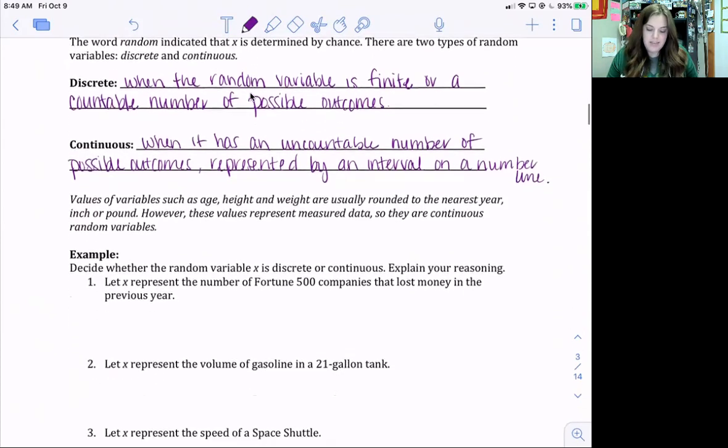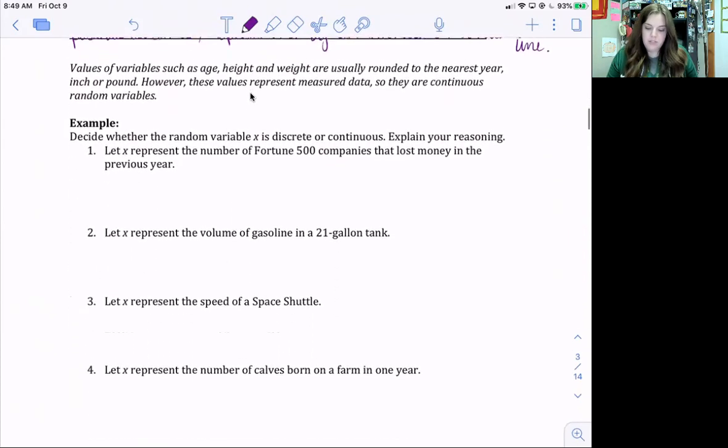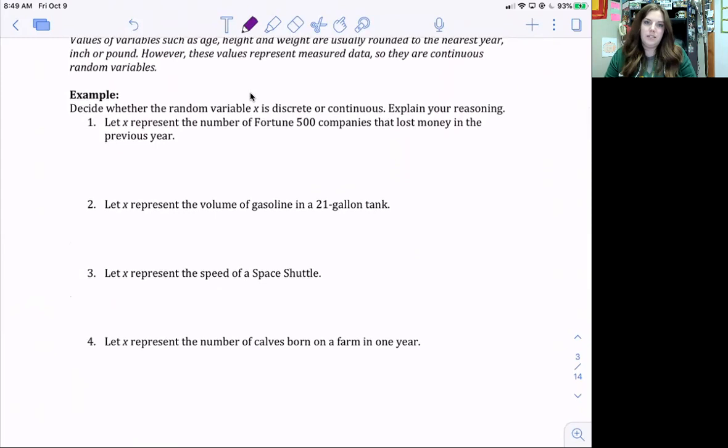So if we wanted to decide whether the random variable x is discrete or continuous, and explain your reasoning, let's look at the first couple. So let x represent the number of Fortune 500 companies that lost money in the previous year. So we're looking at the number of companies. Okay.